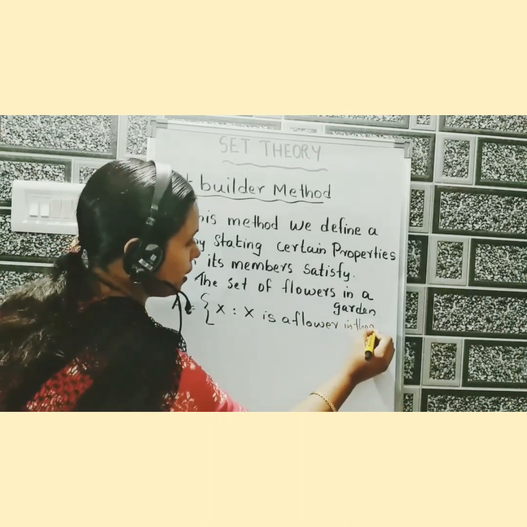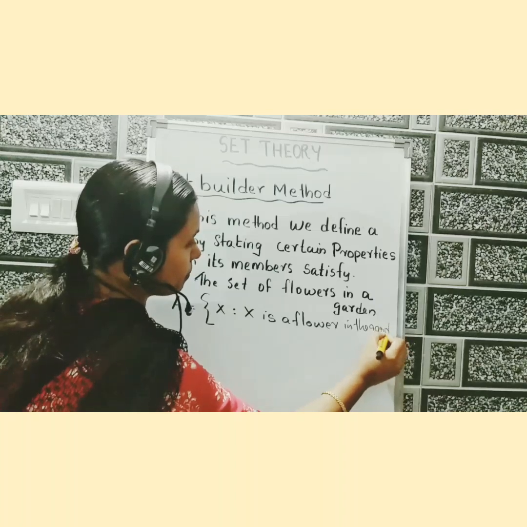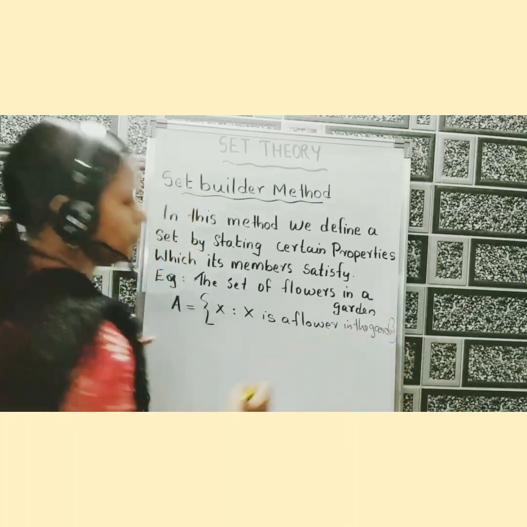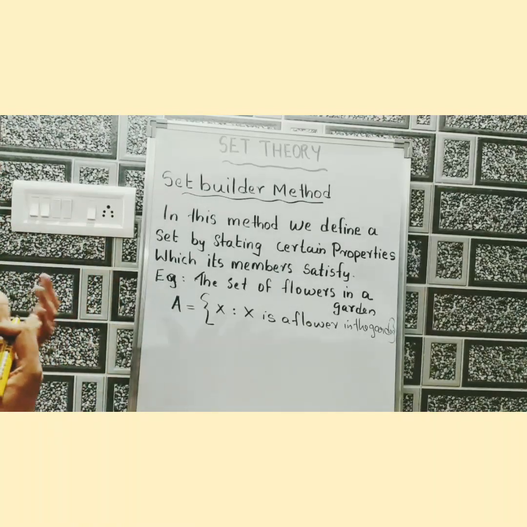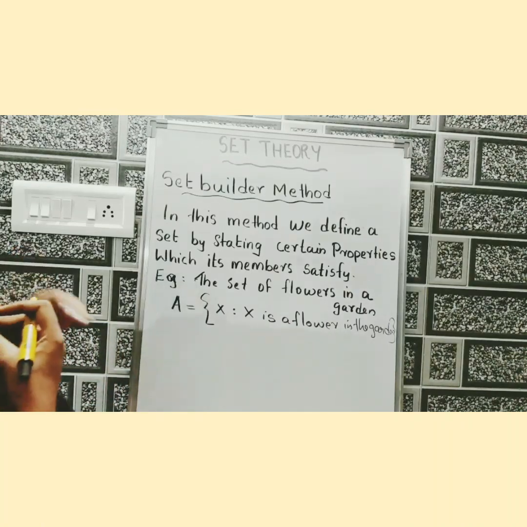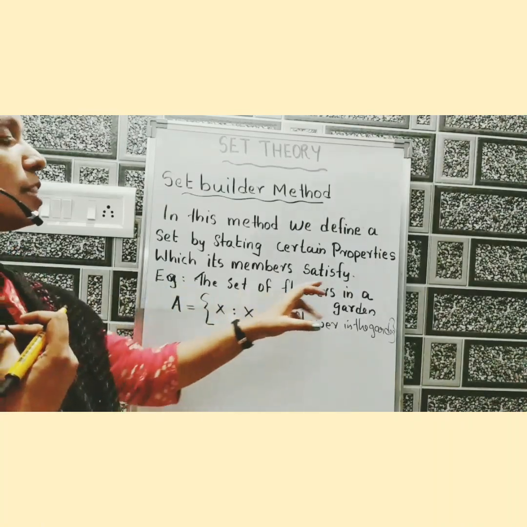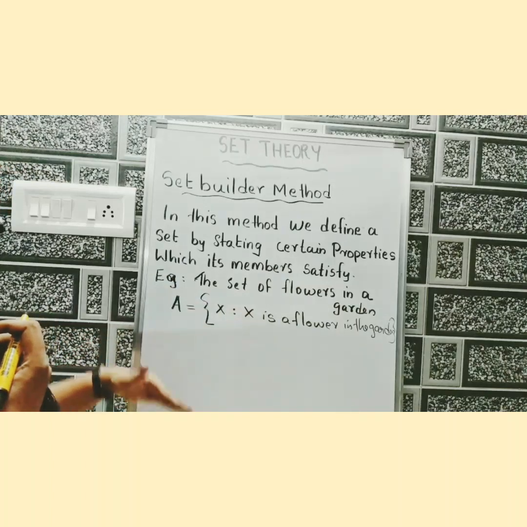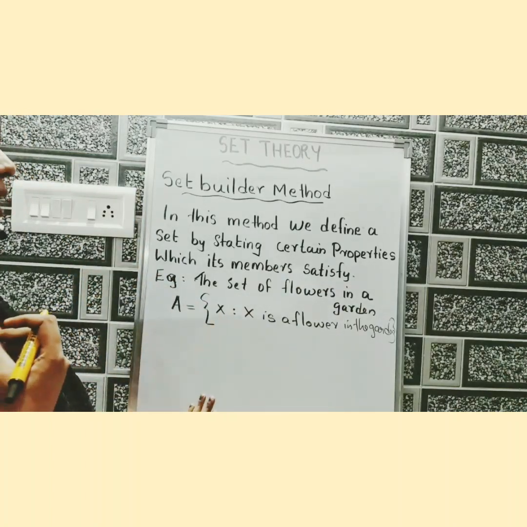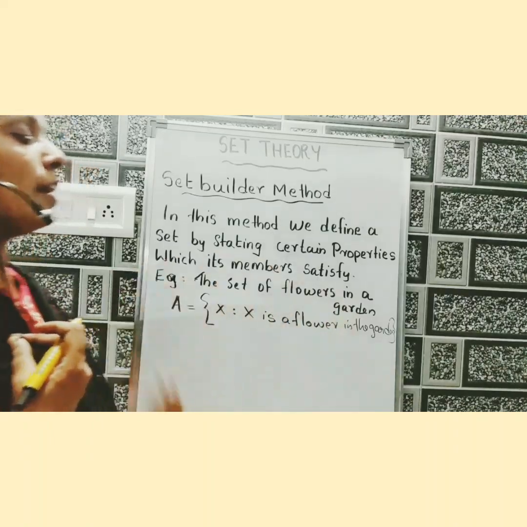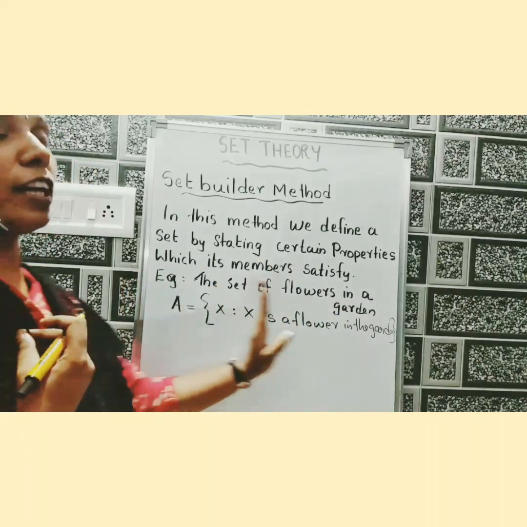Close the bracket. Once more, the set of flowers in the garden can be represented in set builder form as A equal to {x such that x is a flower in the garden}.